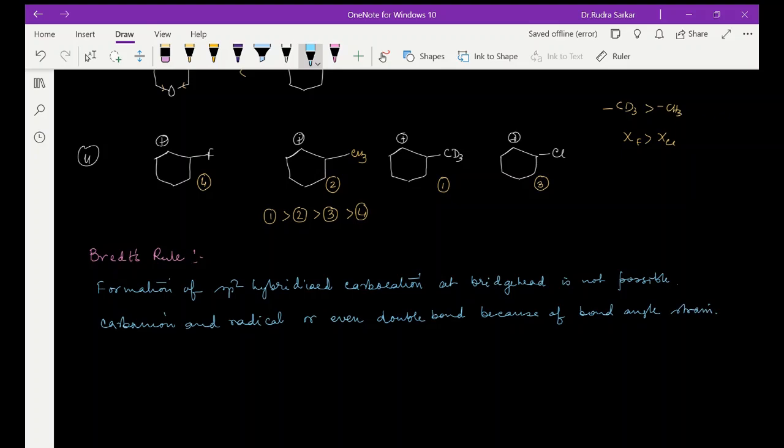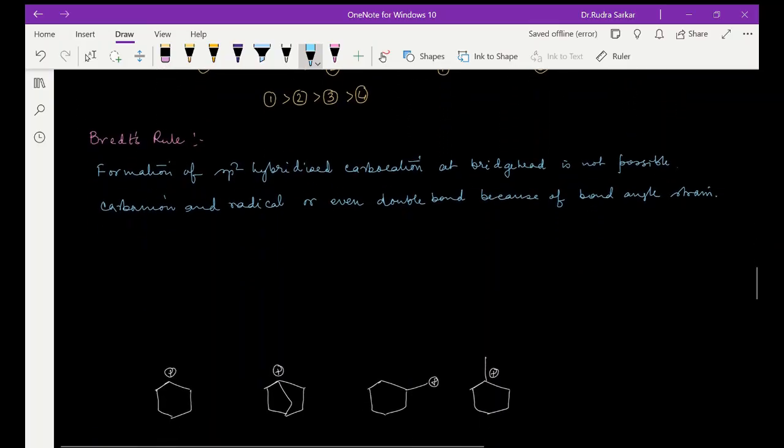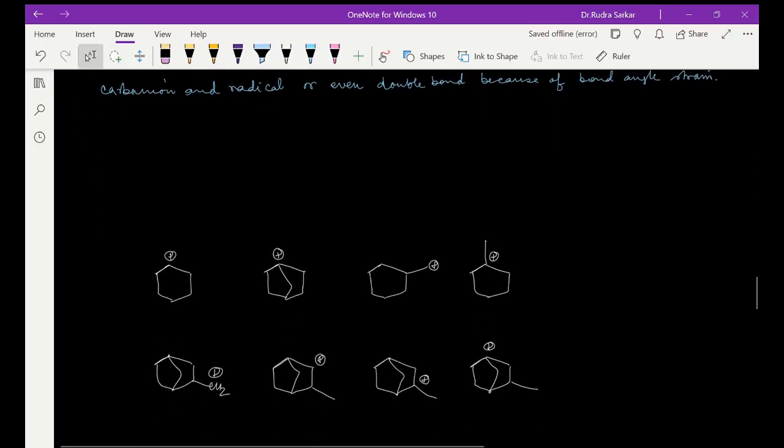So let's take up some problems which are given below. So this is say number 12, in which we can see that electron donation is happening from here and here. So there are two plus I effects. Here it is happening from 3, but this is a bridgehead.